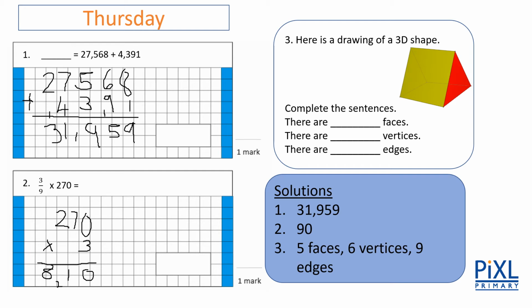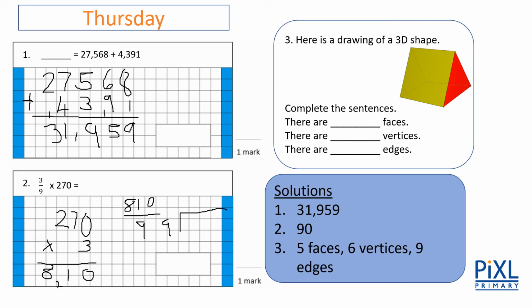Right, I've got 810. So my answer, if I'm doing an improper fraction, is 810 ninths. Now it is an improper fraction. My numerator is bigger than my denominator, so I'm going to make it into a mixed number fraction, or even better, a whole number if we can do that. How do I do that? I do 810 divided by 9. Let's do it here.